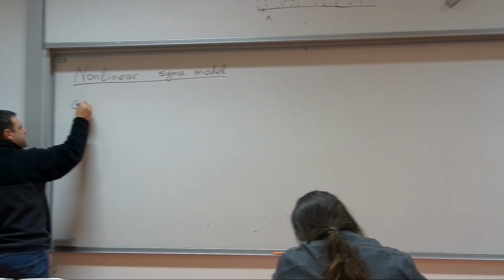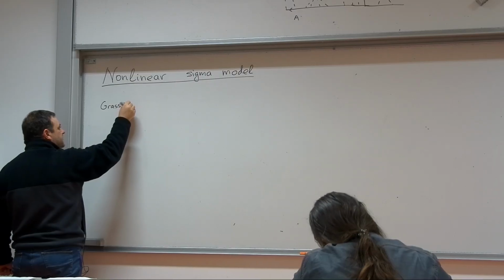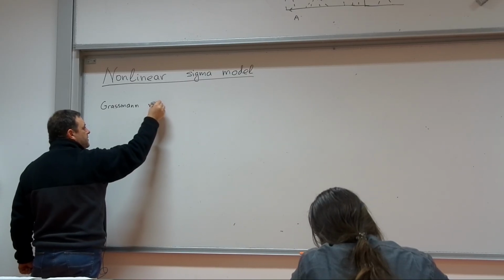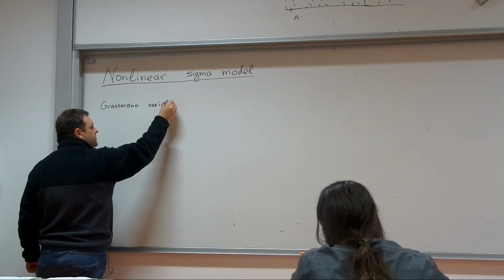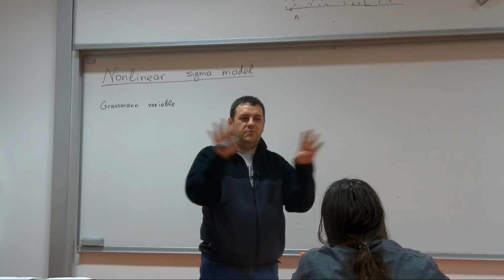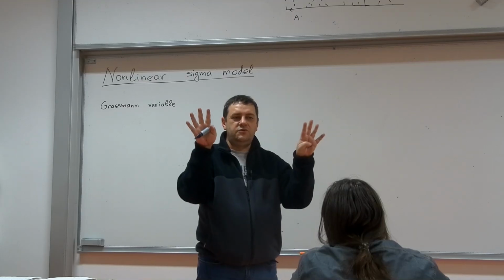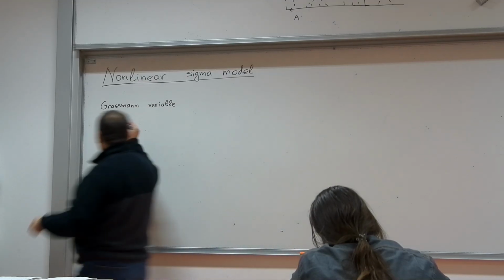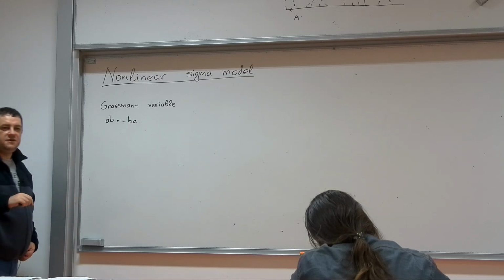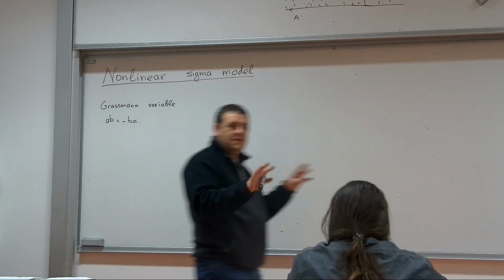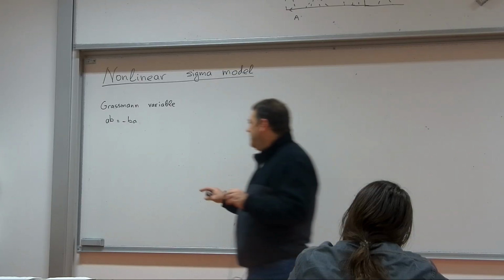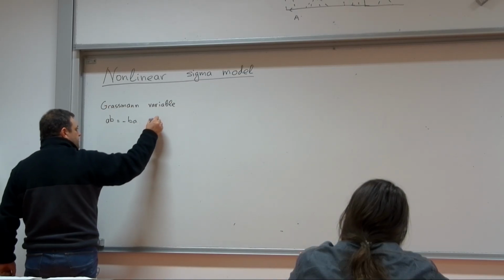A Grassmann variable is an object. It's like a number, but taken from a very special mathematical algebra. It's like numbers, but when you multiply them, they anti-commute. If you multiply AB, it's the same as minus BA. They are some strange numbers that change sign every time you interchange the order of multiplication. So Grassmann variables anti-commute.